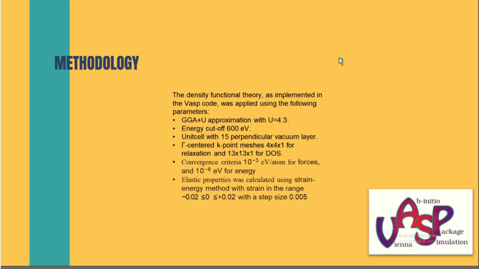The energy cutoff was chosen to be 600 eV, and we used a cell with 15 angstrom perpendicular vacuum layer, gamma-centered k-point meshes, and convergence criteria of 10 to the power minus 3 eV per angstrom for forces and 10 to the power minus 6 eV for energy. Electronic properties were calculated with the strain energy method.